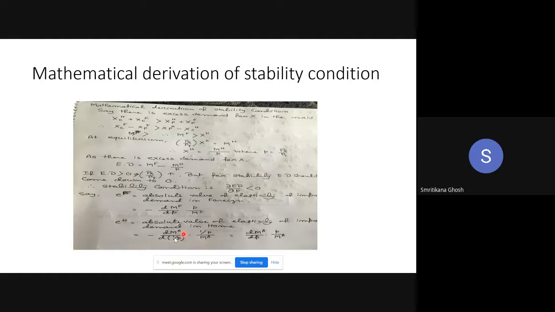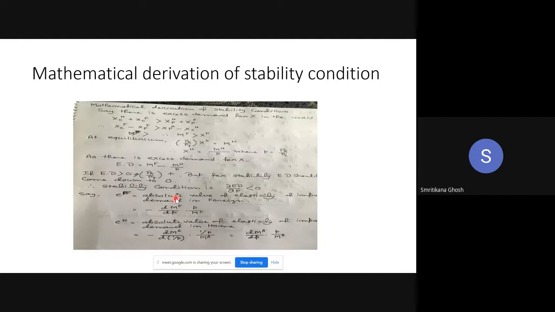Differentiation of 1/P means minus 1/P square into dP, so the minus sign will cancel out, P square and P is there. So finally you are getting this neat condition, that is dMH/dP into P/MH without a negative sign, because the negative sign is cancelled when you are differentiating 1/P.